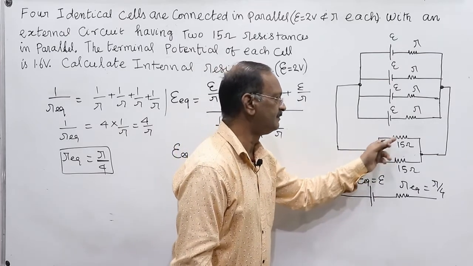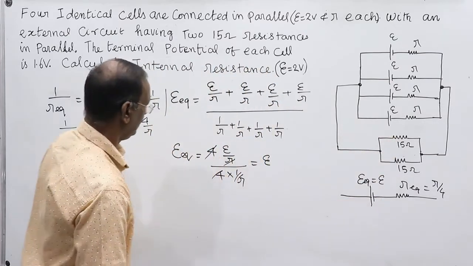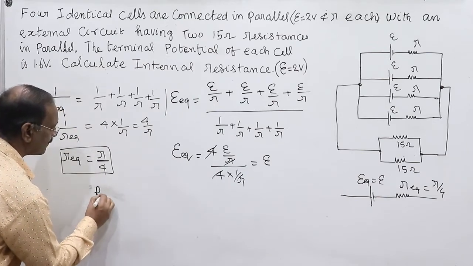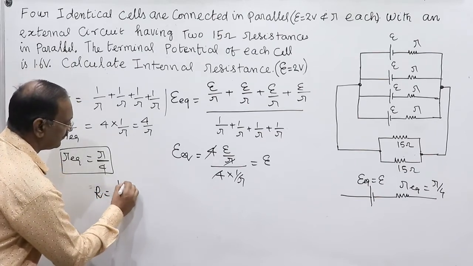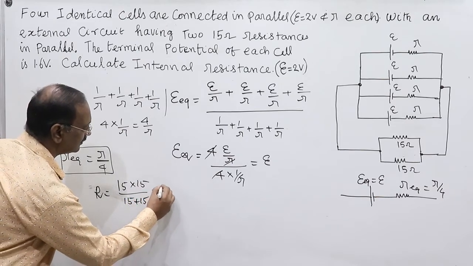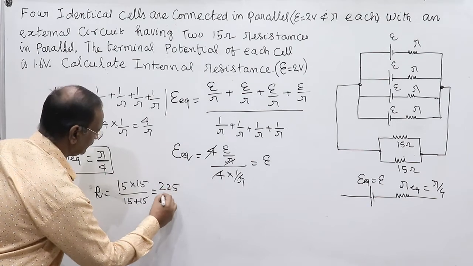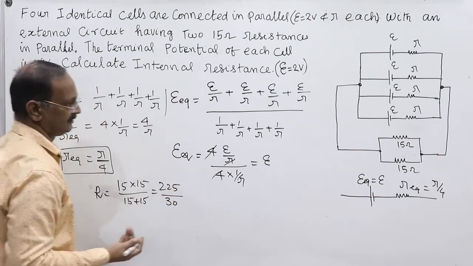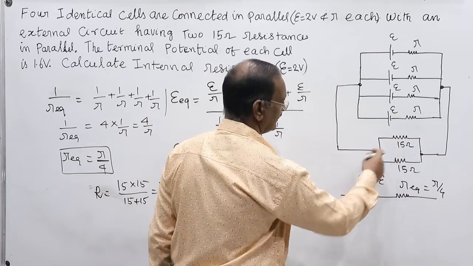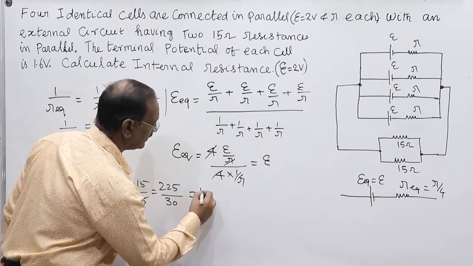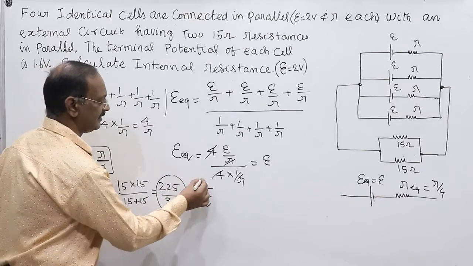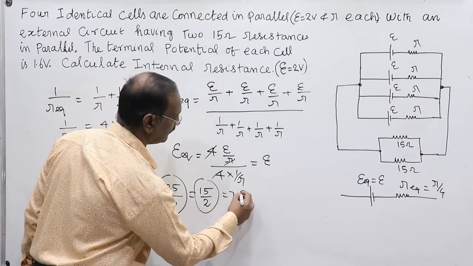This parallel combination can be replaced by R equal to 15 into 15 divided by 15 plus 15, which is 225 divided by 30. Otherwise, since both resistors are identical and in parallel, we can take any one of the resistors divided by the number of resistors. Both give the same answer, 7.5 ohm.